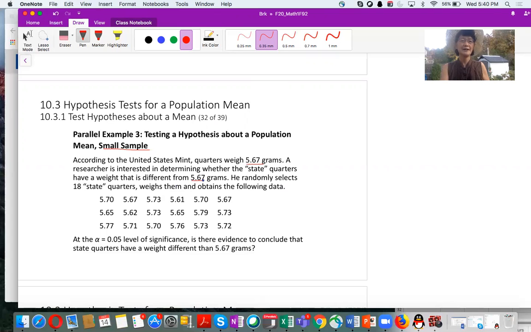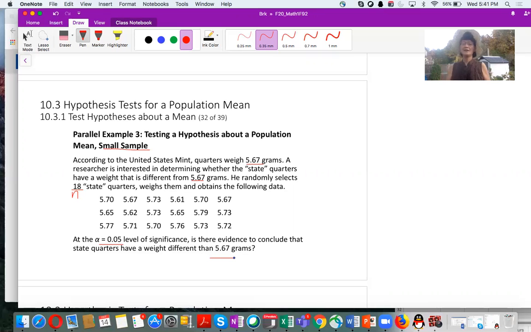He randomly selects 18 state quarters, weighs them, and obtains the following data about this sample of 18. At the 0.05 level of significance, is there evidence to conclude that state quarters have a weight different from 5.67?